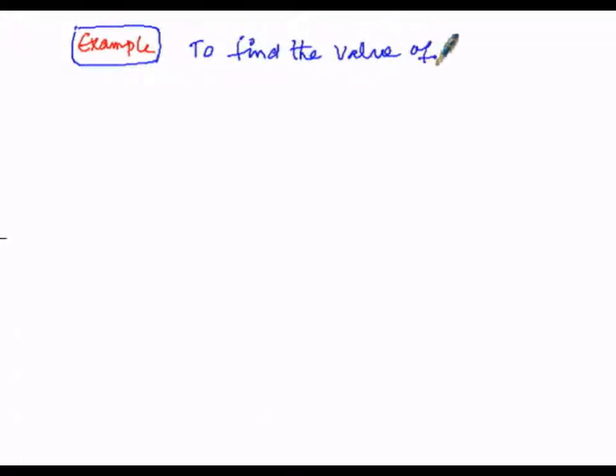Now let us perform. In order to find the value of an index form, the first one, 5 to the power of 3.